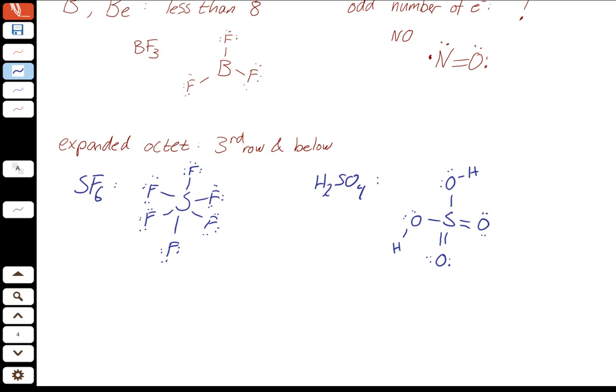octet rule. So for a long time, the idea was, well, you should always draw it like this because it minimizes formal charges. And when the criteria is you should minimize formal charges, that is correct. So when you're doing homework and they say draw the Lewis structure that minimizes formal charges, that's the right way to go.